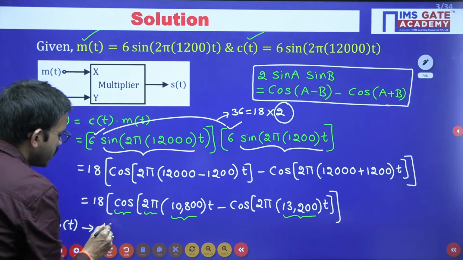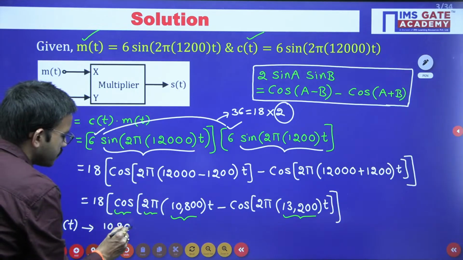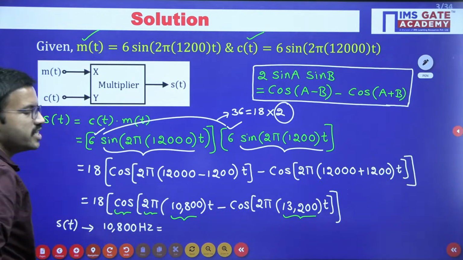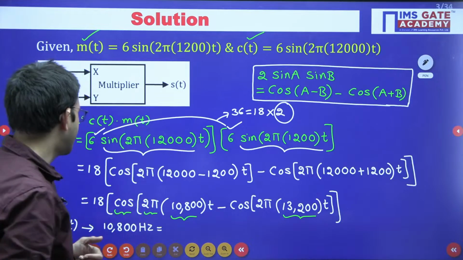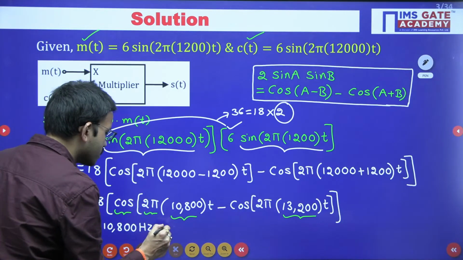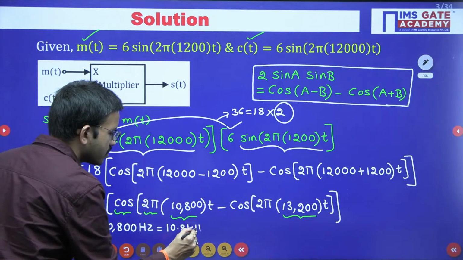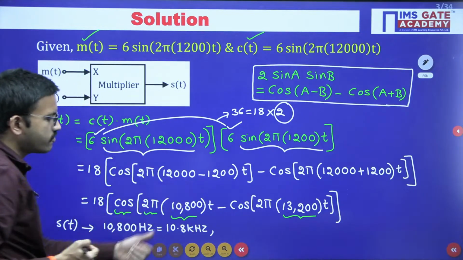One is 10,800 Hz. In the question it is asked in the order of kilohertz, so we can write this as 10.8 kilohertz. That is the first frequency.